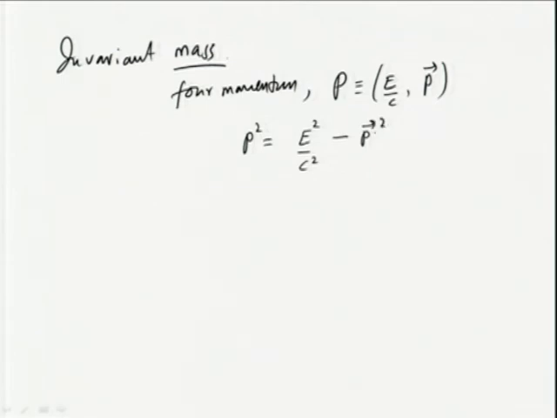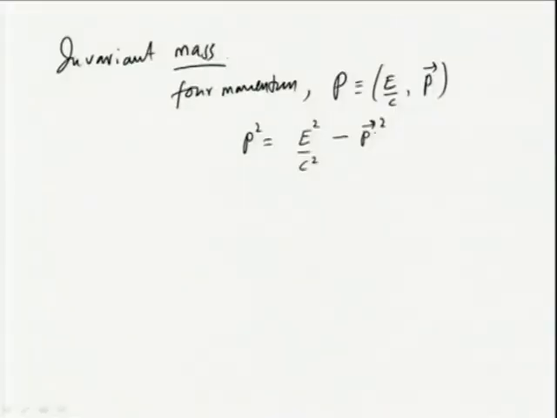If you do not know what a 4 momentum and a 4 vector is in general, and how to take the dot product of these 4 momenta or write it in terms of these components, please look at any special theory of relativity notes or any book that deals with this.